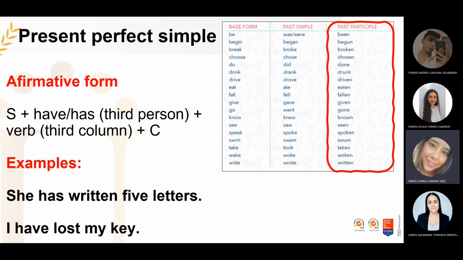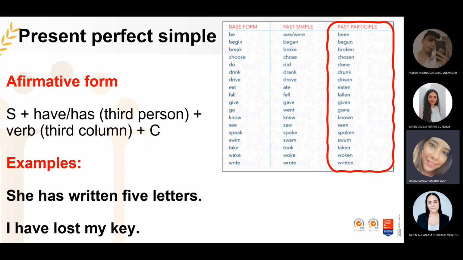So the affirmative form is simple. You have to write the subject, then have or has, depending on the subject. Has is only for the third person. Karen said he, she, and it.